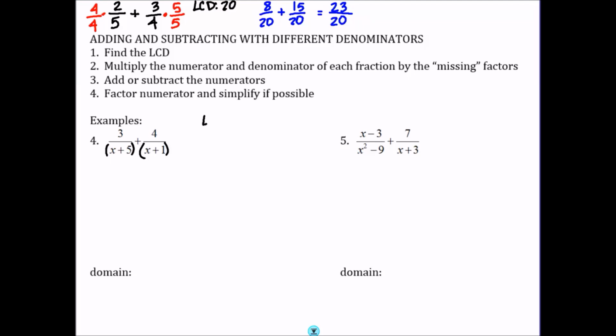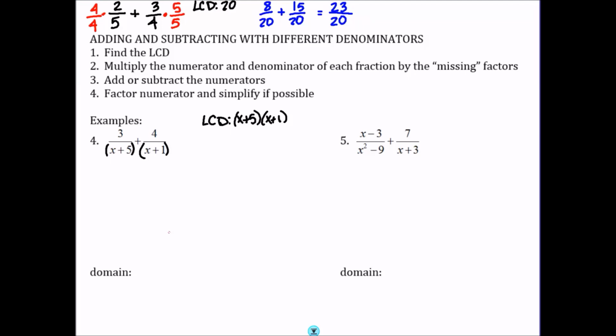Now we need to go ahead and find our LCD. Our LCD is the smallest possible expression that has both x plus 5 and x plus 1 as its factors, which is just x plus 5 times x plus 1. So now we need to get both of these fractions to have x plus 5 times x plus 1 as their denominators.